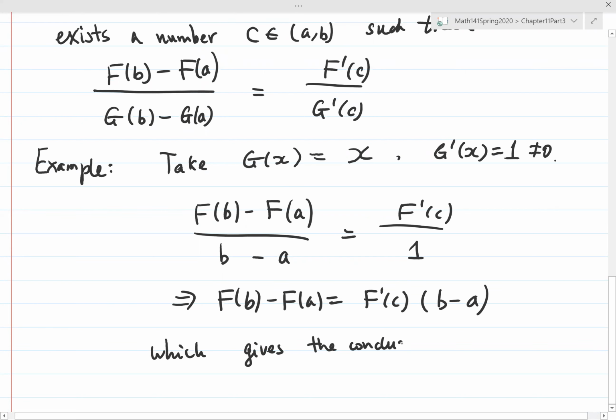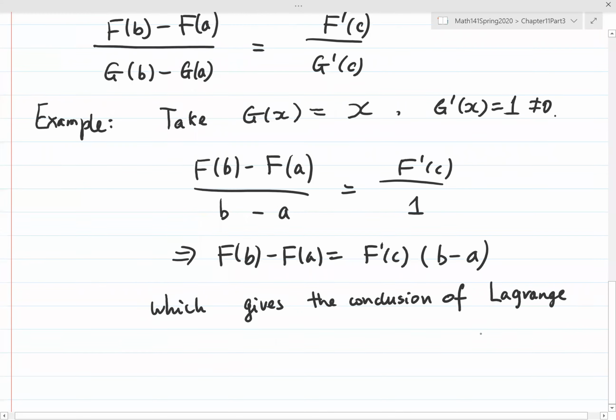So the Lagrange mean value theorem is a special case of the Cauchy mean value theorem.